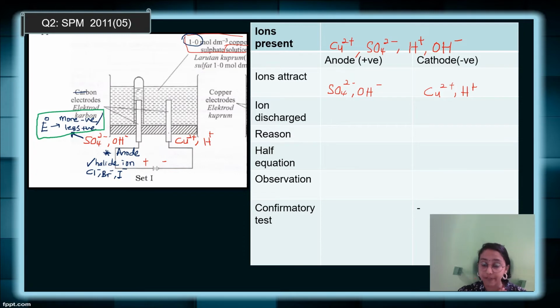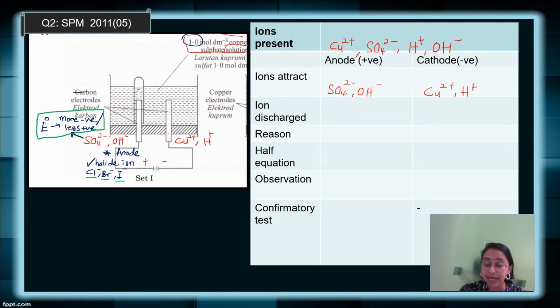Again, I would like to emphasize here, concentration is only applicable for the anode with the condition that the solution consists of chloride, bromide or iodide. If none of these ions are present, then we go as usual.